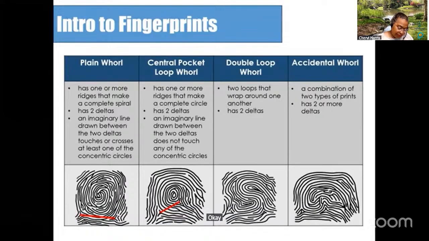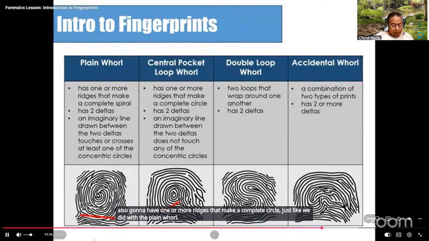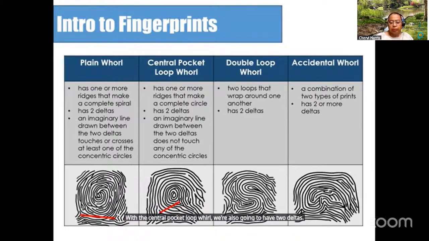Okay, now with the central pocket loop whorl, we're also going to have one or more ridges that make a complete circle, just like we did with the plain whorl. With the central pocket loop whorl, we're also going to have 2 deltas. But here's the difference.